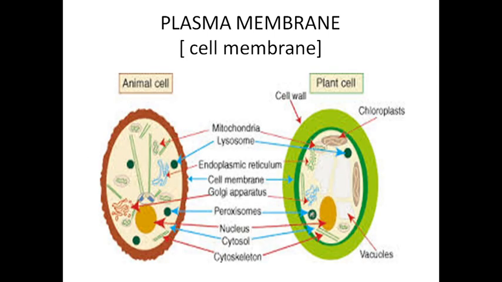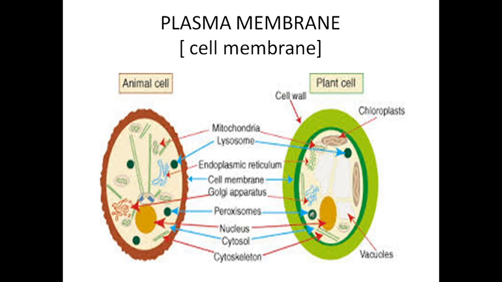Now to know exactly where the plasma membrane is located, you have seen the plant cell and the animal cells. And in the animal cell, if you have noticed, the brown color oval covering is what we term as cell membrane. It's the outermost part in an animal cell.